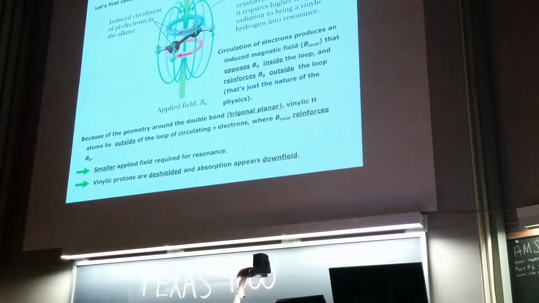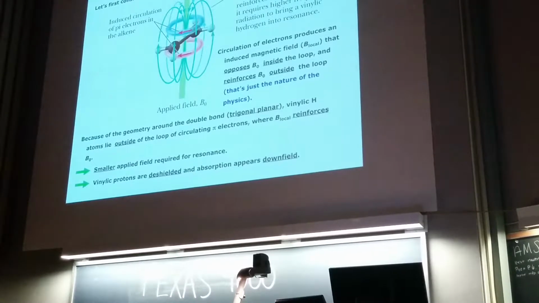This is just ethylene, but when you have sp2 hybridization, the carbons and each of the things that are singly bonded to them are all on the same plane. So you basically have a sandwich of pi electrons above and below that plane. Those pi electrons start to circulate in closed loops.